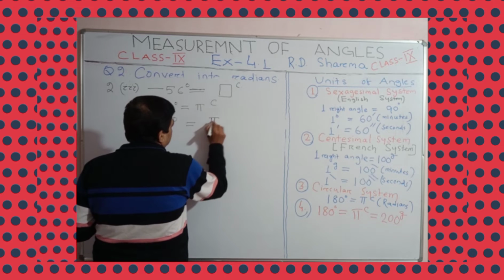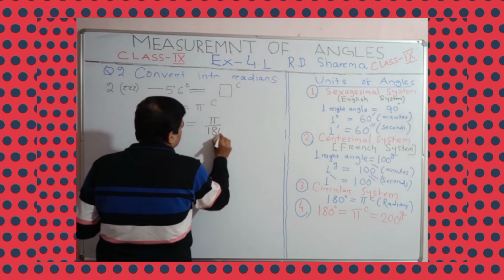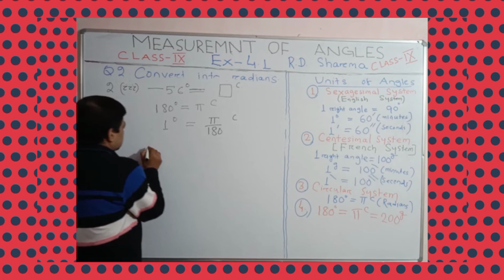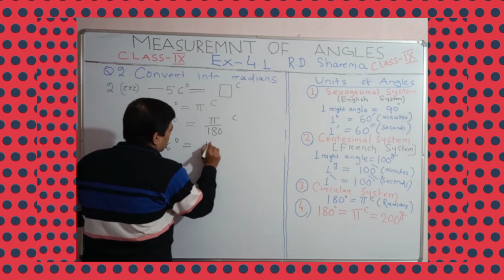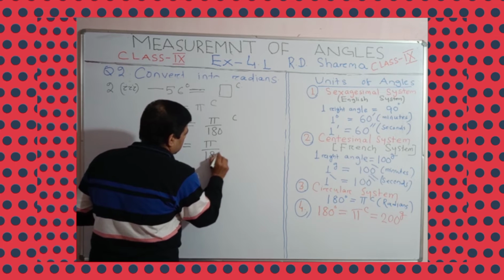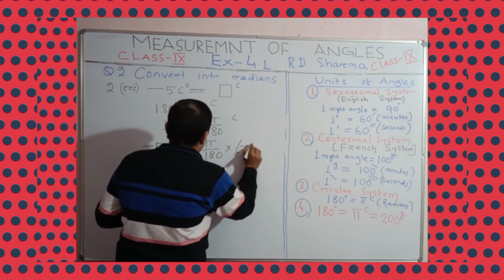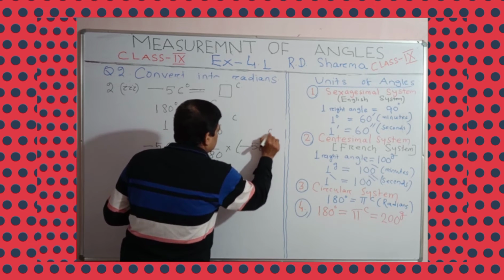Pi upon 180 radian. Yes or no? So minus 56 degree is pi upon 180 into minus 56 radian.